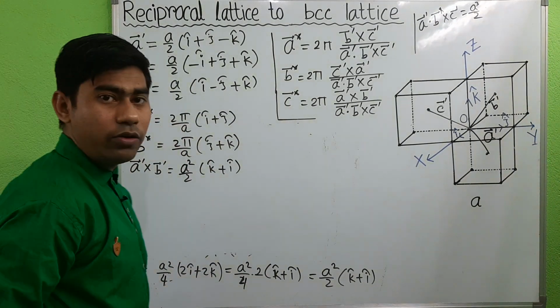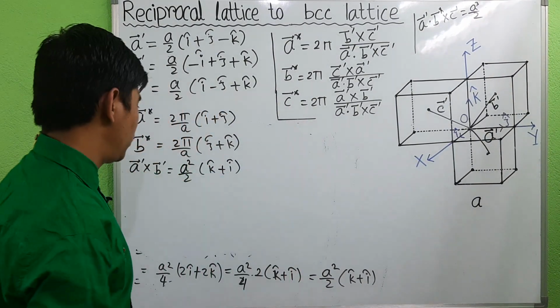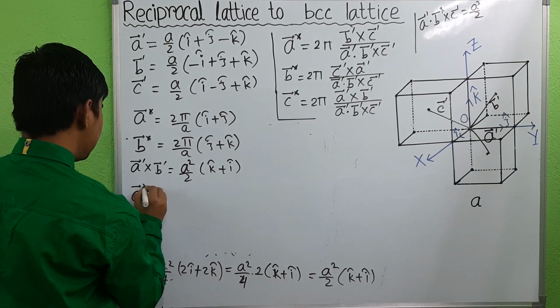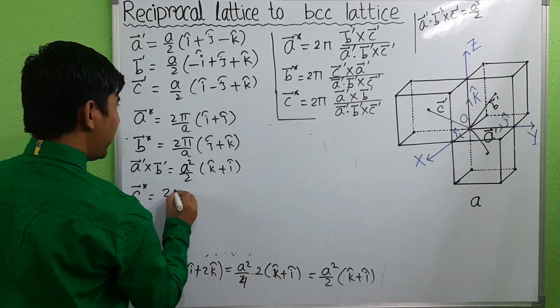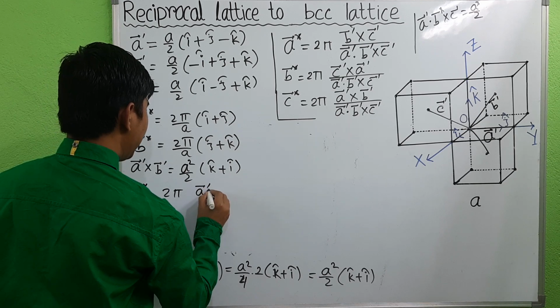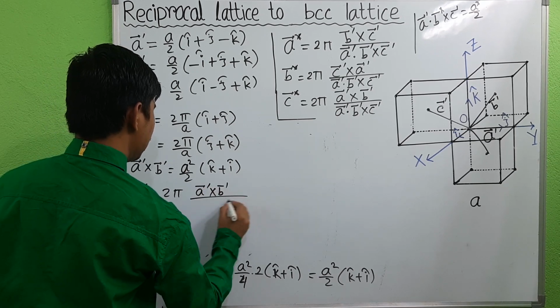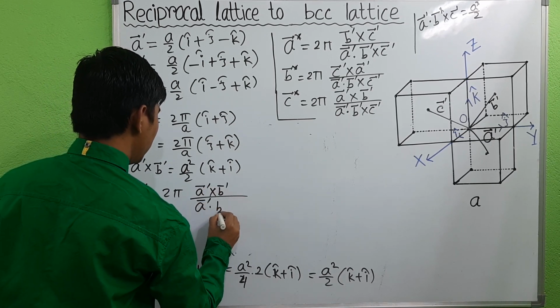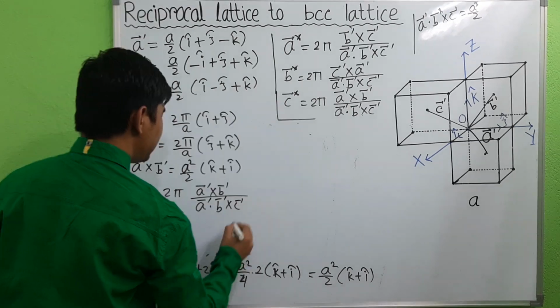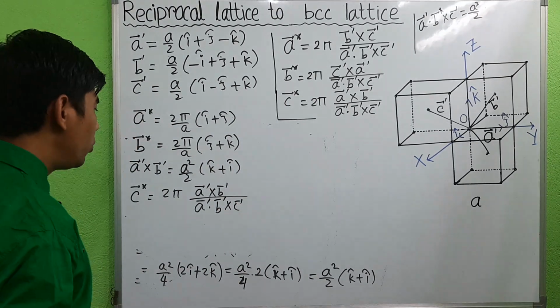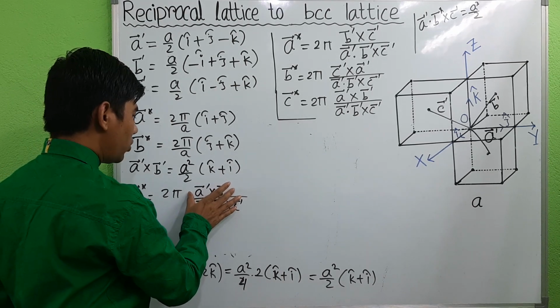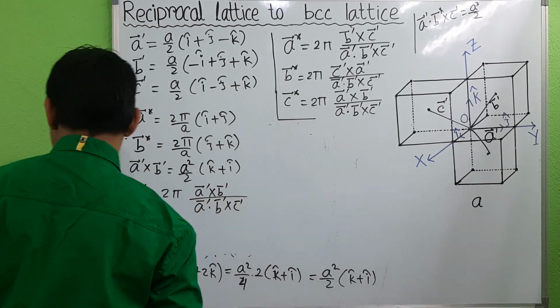Now we calculate c vector star. c vector star is 2 pi times a dashed cross b dashed divided by a dashed dot b dashed cross c dashed. Now here we put the value of a dashed cross b dashed and this volume term.